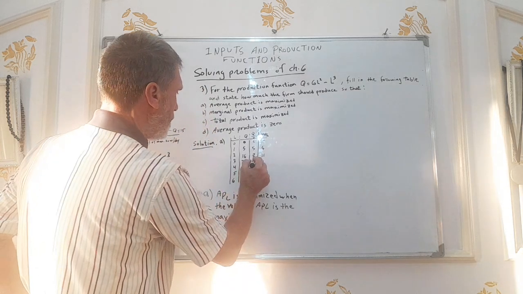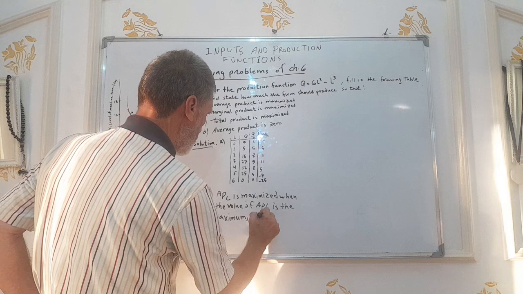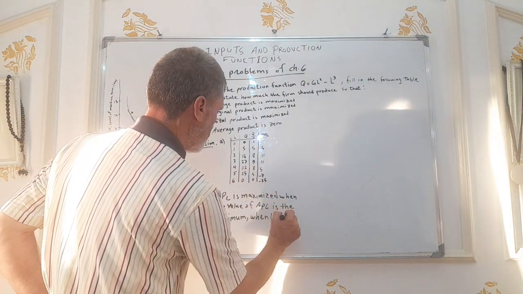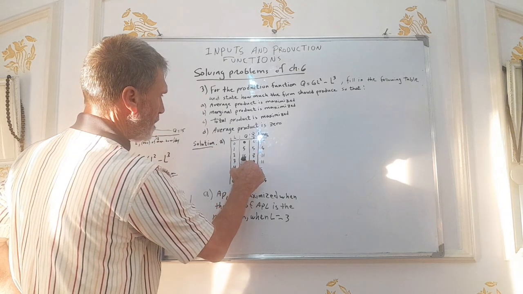So it is 9. When L equals 3, the average product is 9.